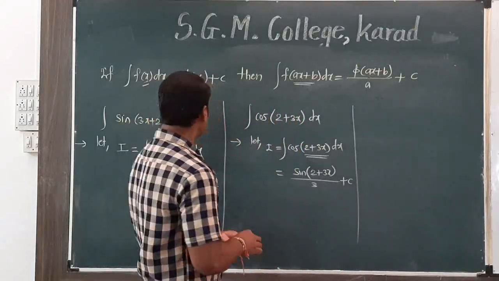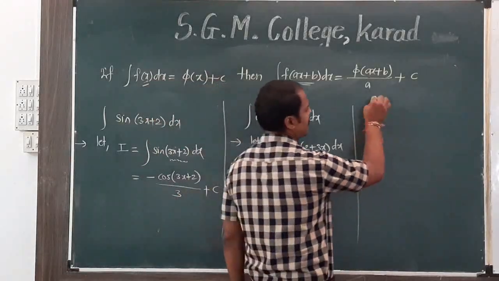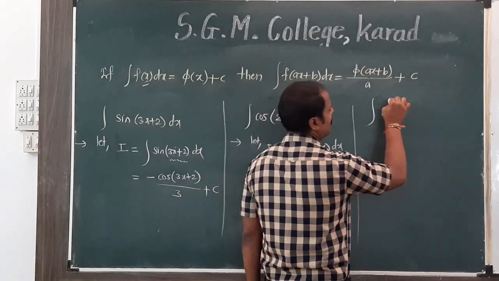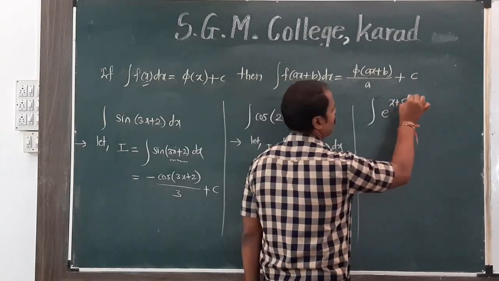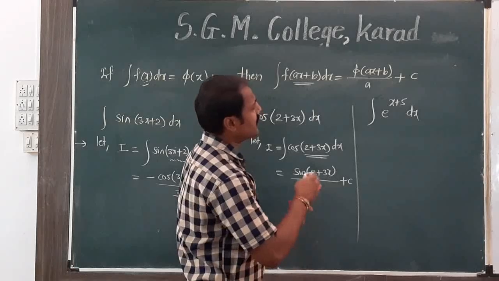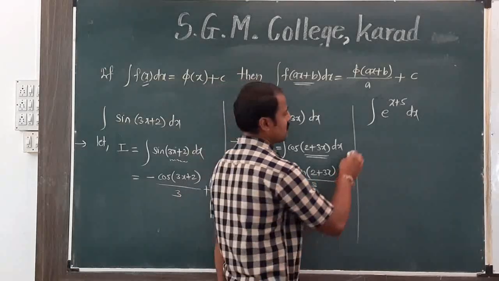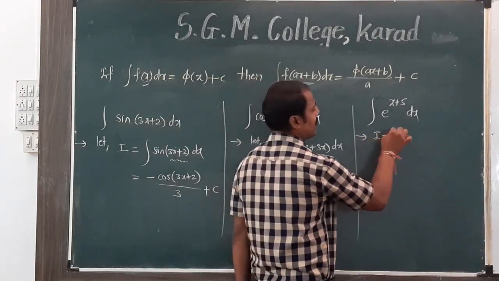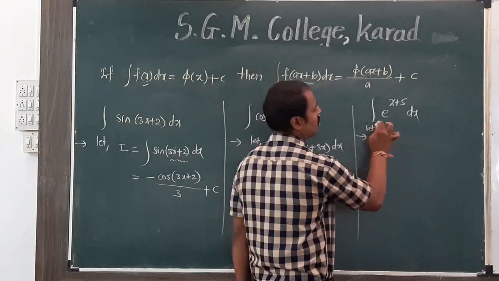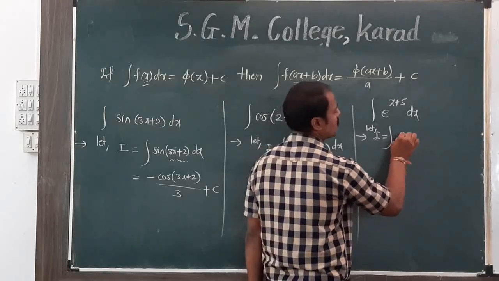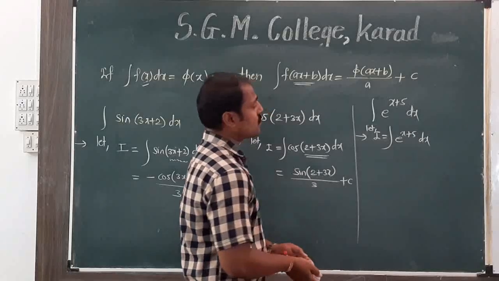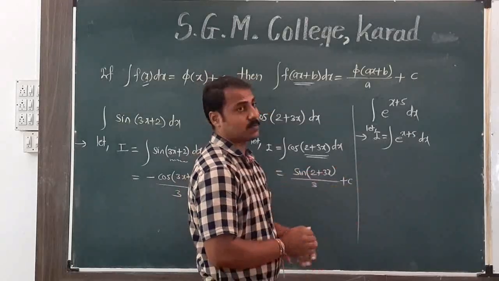Now the next example is evaluate integration of e raised to x plus 5 dx. First denote the given integration by I. So let I be the integration of e raised to x plus 5.